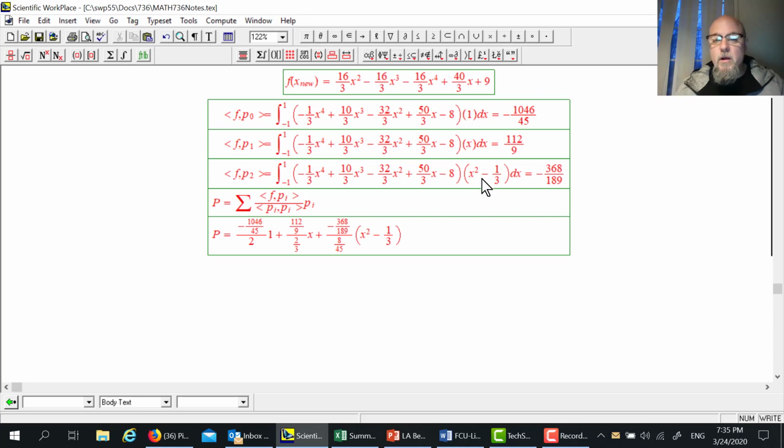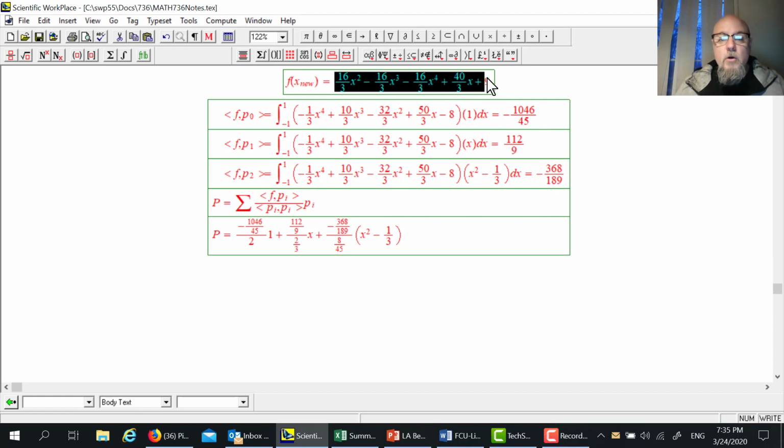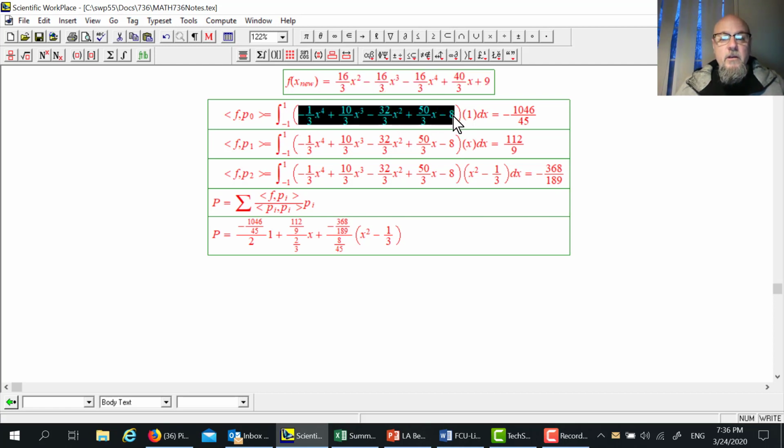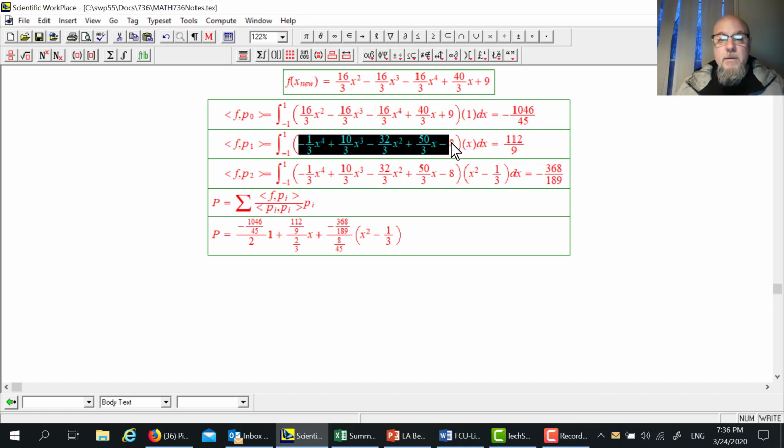I'm still using the same polynomials. The size of 1 is still root 2, but we square it. I just need these as new numbers. So I'm taking this polynomial, in our new x's, and replacing these pieces here with it, because now I'm in the proper interval, the -1 to 1 interval.